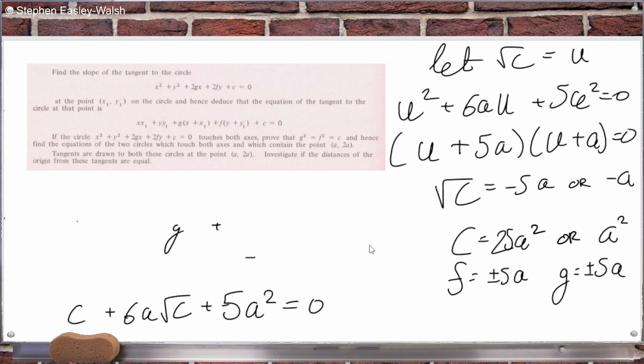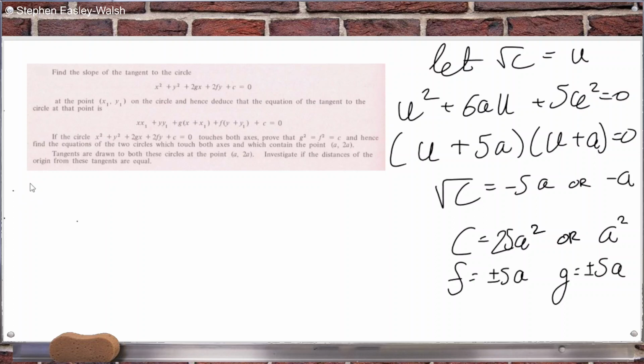So we might just want to think carefully about the signs though. So the circle is going to be x squared plus y squared. Now it does say the two circles, so the only issue is, do I go with plus, plus and minus, minus? When c is 25a squared, f could be plus or minus 5a.